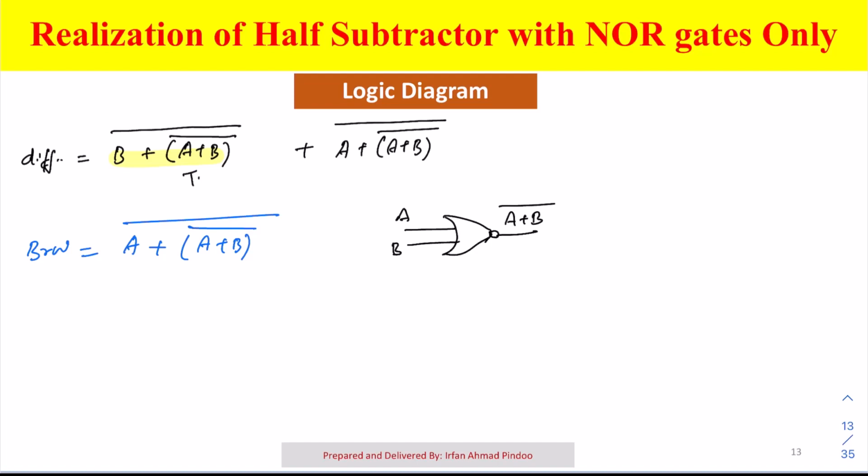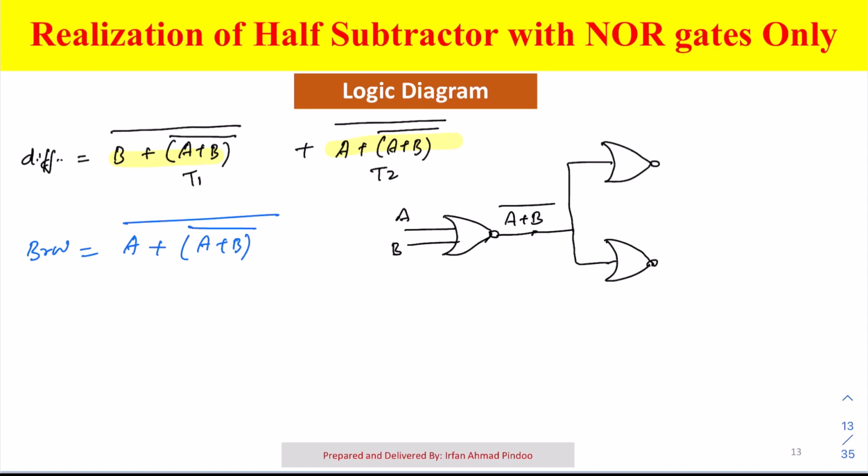We can see in term 1, and let us call the second one term 2, that in both we have A plus B whole bar. It means we can use this output and give it as input to two further NOR gates like this.